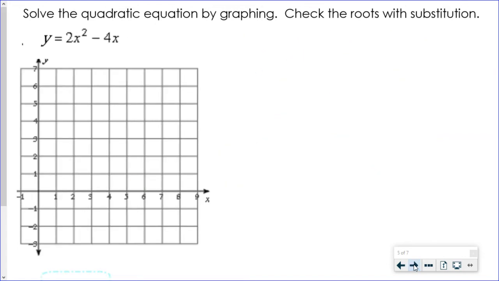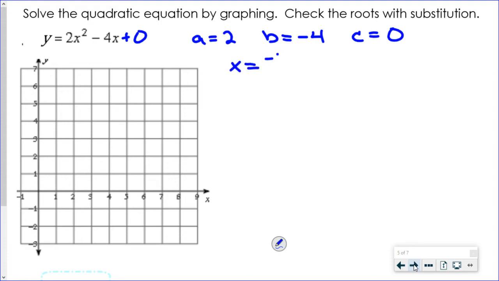Okay, here we go. What is A? What is B? What is C? There's no C, so that's a 0. Remember, it's like saying +0. So my axis of symmetry is -(-4) over 2 times 2.